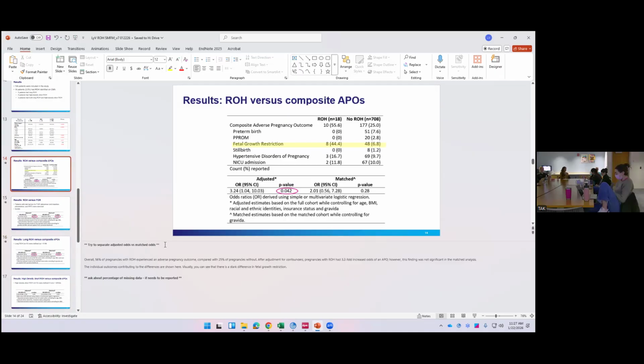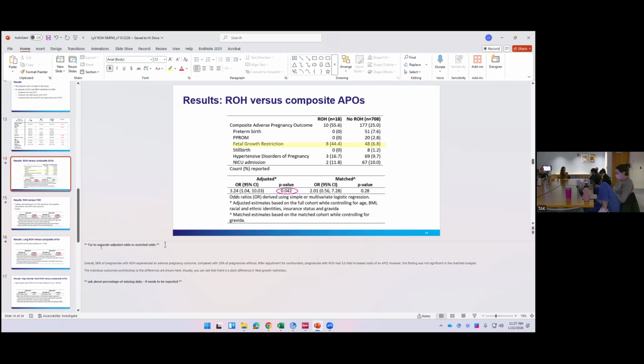There are different ways of addressing confounding, and it strengthens your analysis when you adjust for confounding with different statistical methods and you keep getting the same result. That means something. I think it's just whether the specific composite APIA was too messy a picture, or whatever you decide, but you just need to address it.